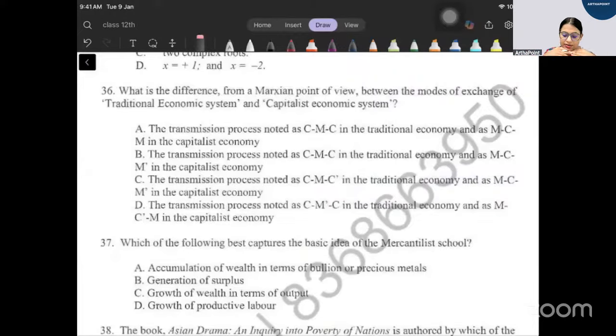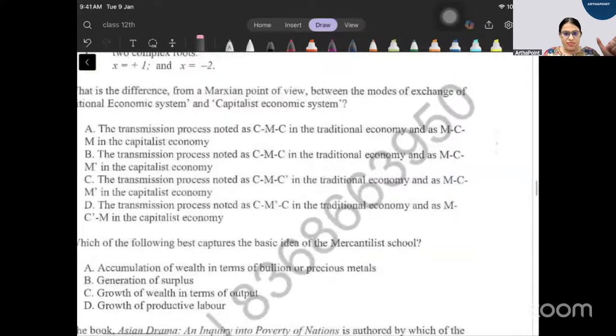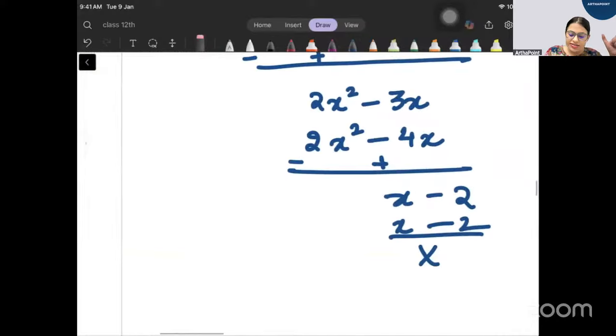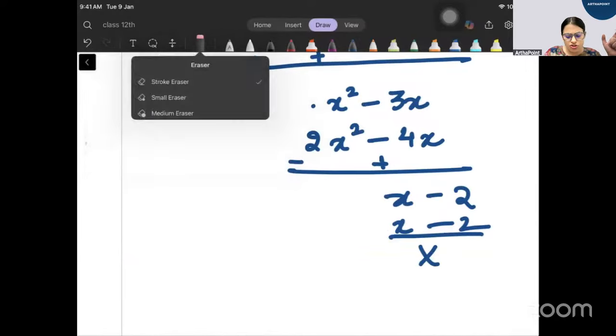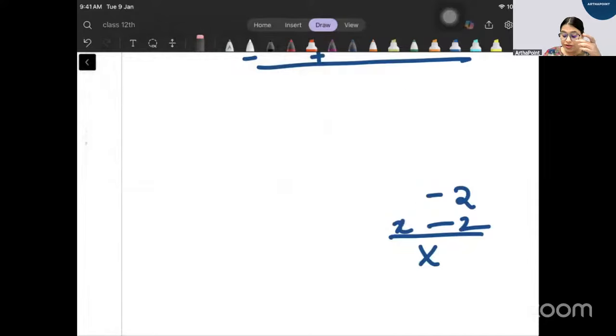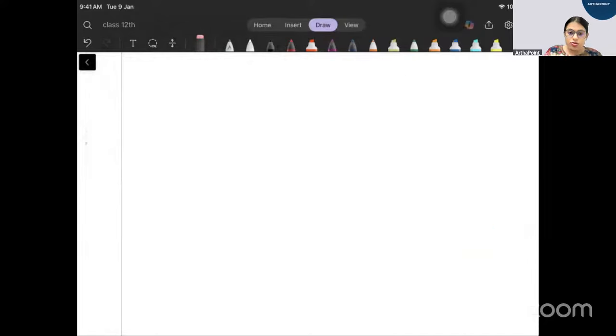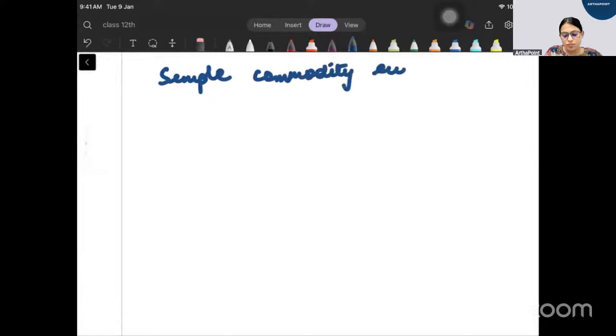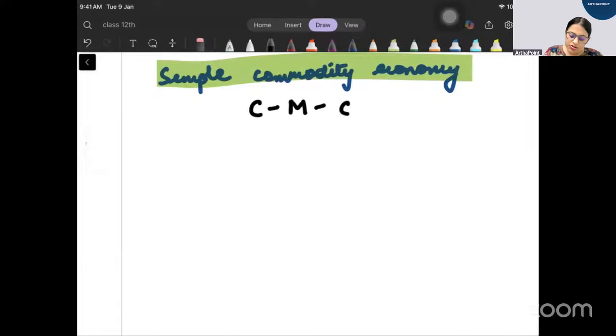So basically, Marx made, there is something called, it's a new thing for all of you. So just listen to me what I am saying. तो एक चीज होती है जिसको हम बोलते हैं सिंपल कमोडिटी इकोनॉमी. It is also called the traditional economy, जिसमें the circuit which we have is CMC circuit.